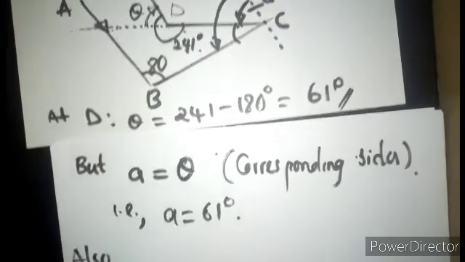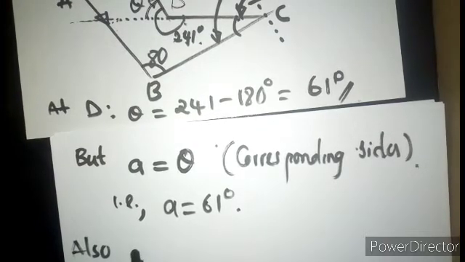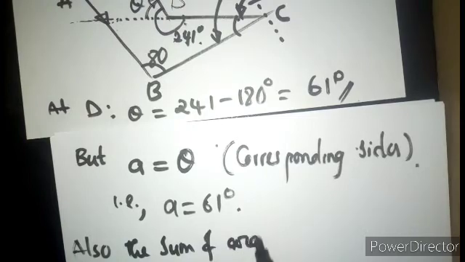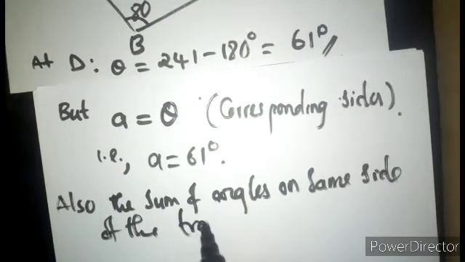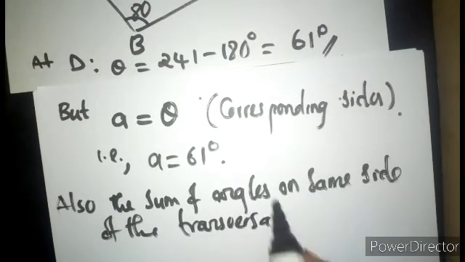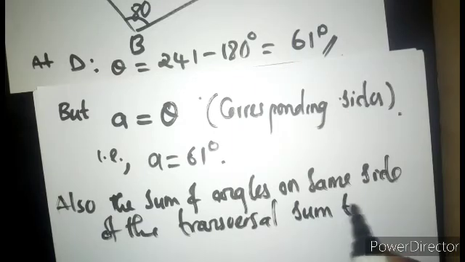Also, we know that the sum of the angles on the same side of the transversal sum to 180 degrees.